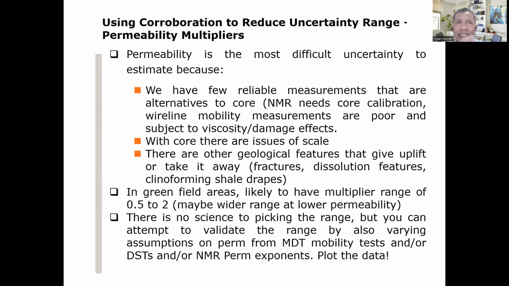For example, in certain fields, the range of the permeability multiplier is typically between 0.5 and 2, but it may be wider in low permeability. It is suggested to use corroboration, varying assumptions to validate the chosen range of the permeability multiplier.